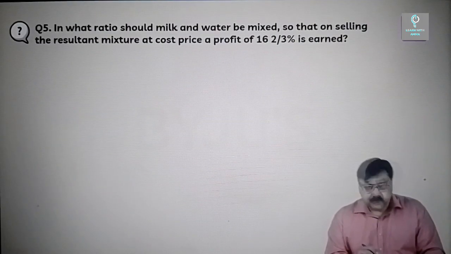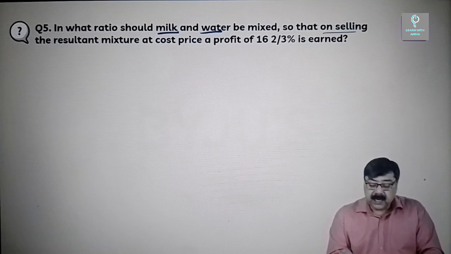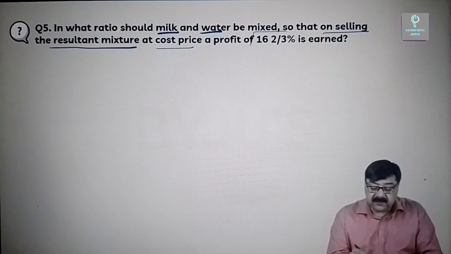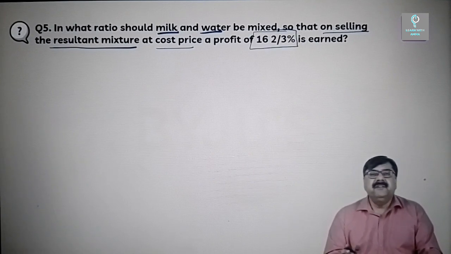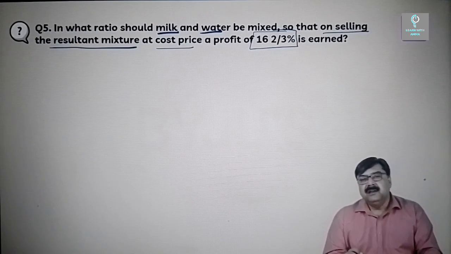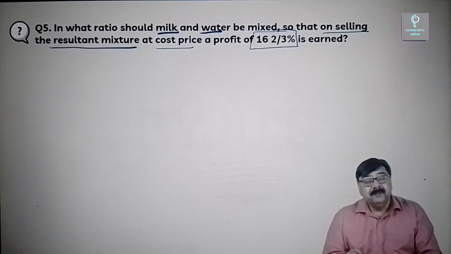In what ratio should milk and water be mixed so that on selling the resultant mixture at cost price, a profit of 16 2/3% is earned? Now, very often we find the milk vendor indulging in such kind of fraud, wherein he mixes water in pure milk.